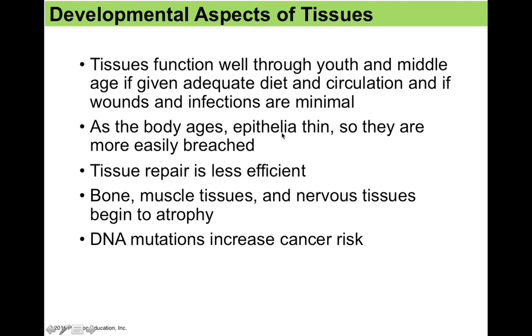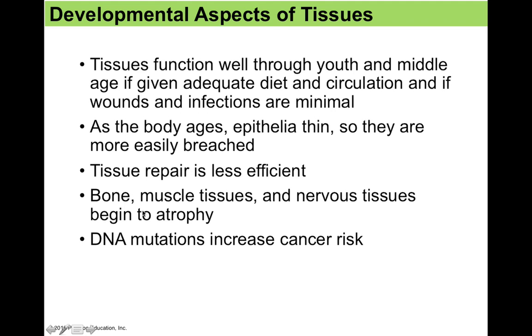If you look at the skin of elderly individuals, their skin is so thin that it doesn't take much trauma to cause a tear or rupture in their skin barrier. Other tissue repair is also less efficient as we age because there are just fewer cells available, and those cells are even more slowly metabolically active, so we don't repair our tissues as quickly.